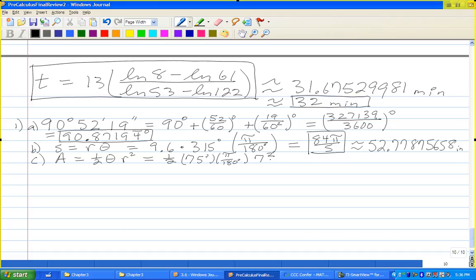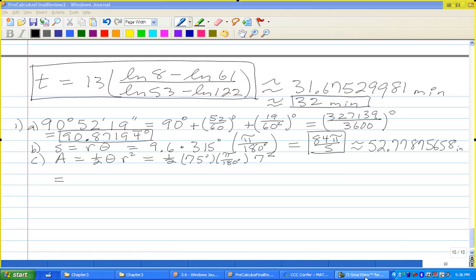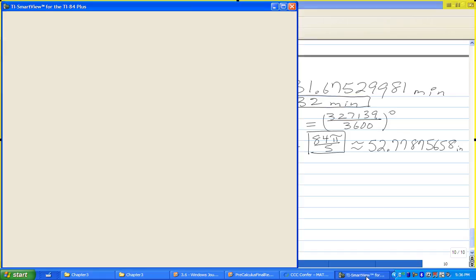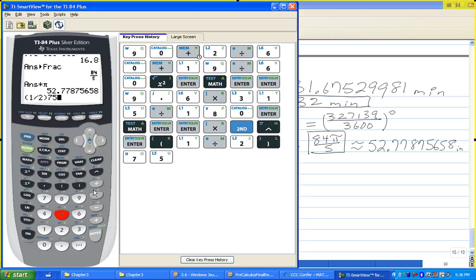So 7 squared. Okay, so let's see what that is. So 1/2 times 75 pi over 180 times 7 squared.